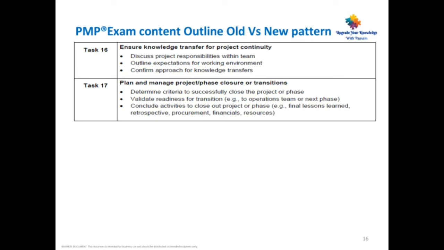That is, for example, final lessons learned, retrospective, procurement, financial and resources. This task number 17 particularly was the closing task of the previous version. In this version it is described in task number 17, plan and manage project or phase closure or transitions.